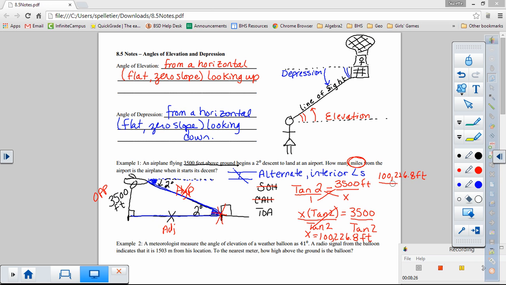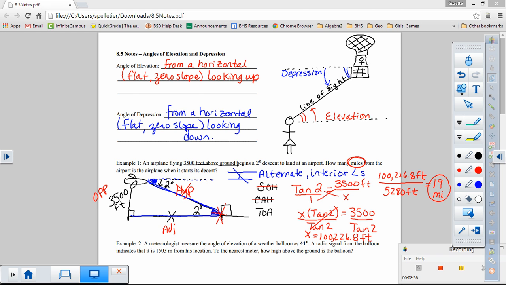So if I divide this by 5,280 feet, it's going to tell me how many miles I have. How many groups, right? 5,280 is 1 mile. So how many of those 1 miles do I get? So when you do that division, you actually get 19. So your answer is the plane is 19 miles away from the airport. Okay, 19 miles away from the airport.